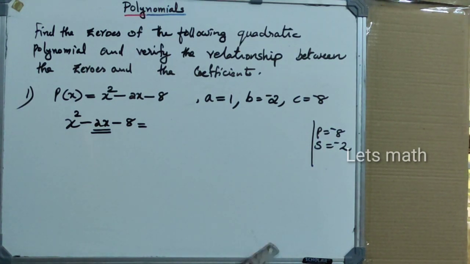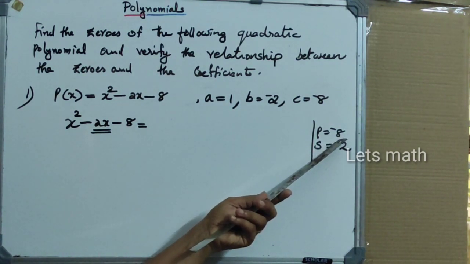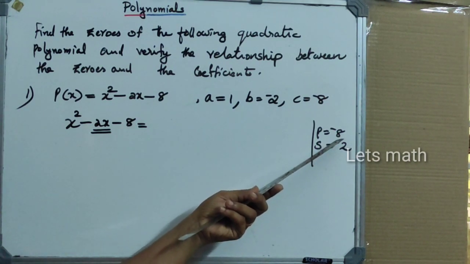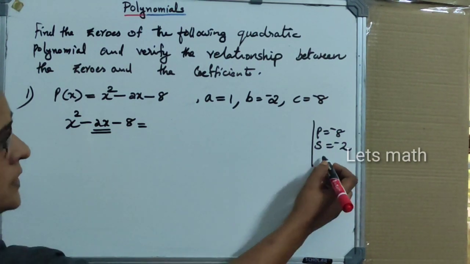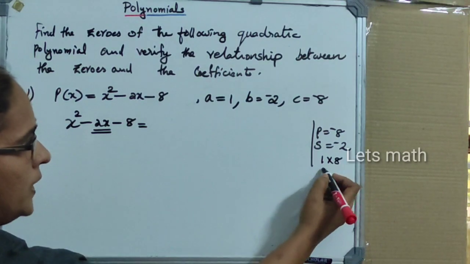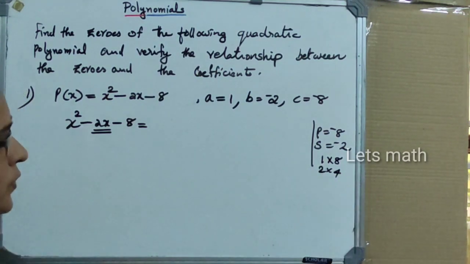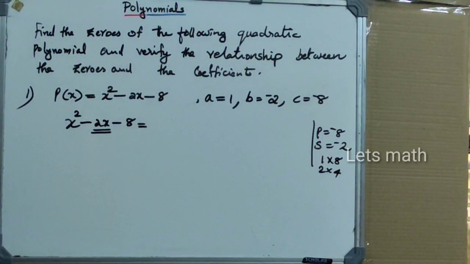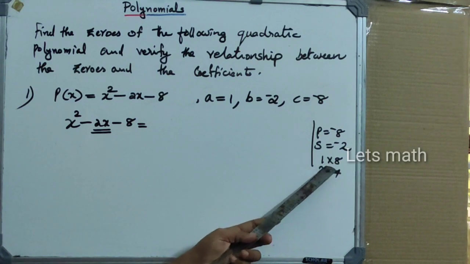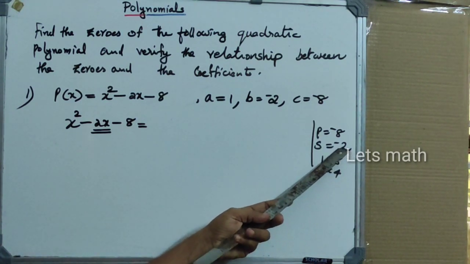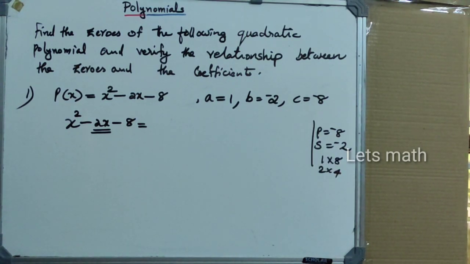For that we consider the factors of 8. Which are the factors of 8? 1 into 8, 2 into 4. Among these, 1 and 8, if you add or subtract, you will not get 2. So take 4 and 2.